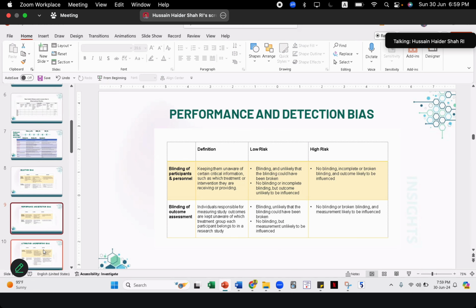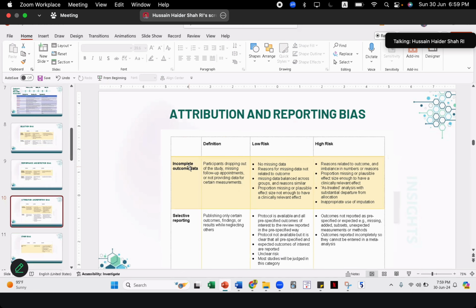Now the other question is incomplete outcome data. If in the randomized control trial, the participants have dropped out and there are missing follow-ups or appointments which make the outcome data incomplete, or a great proportion of data is missing, which can have a significant impact on the randomized control trial, this will be a high risk.